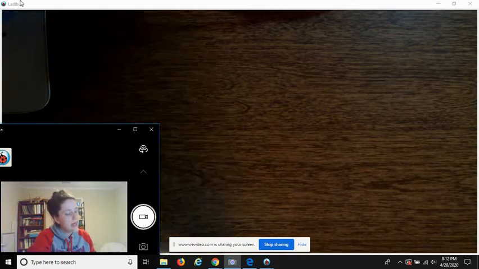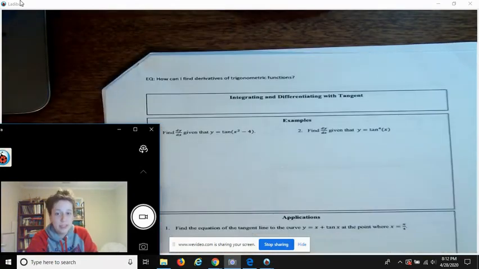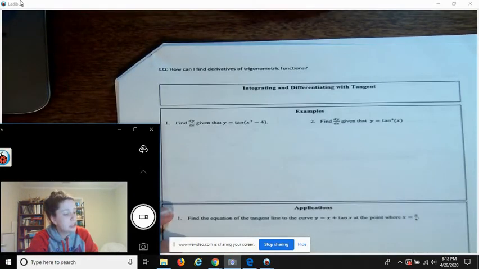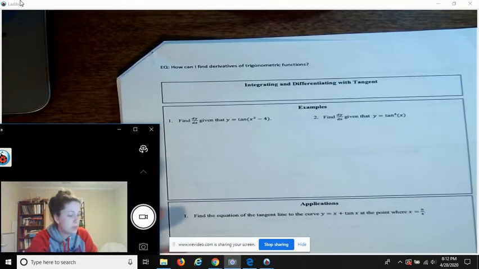And then we move on to tangent. Tangent can be done multiple ways.